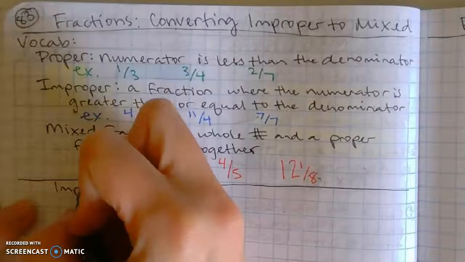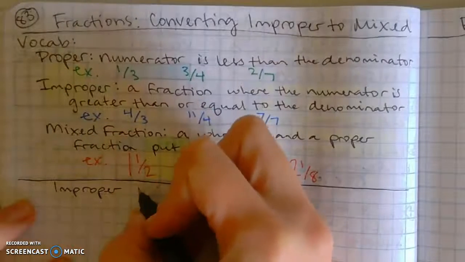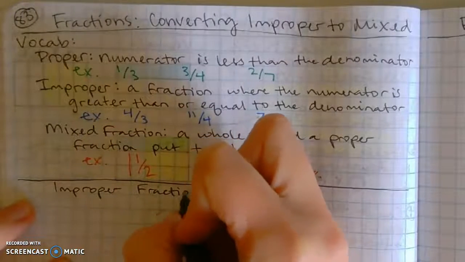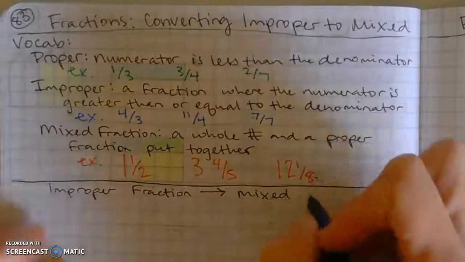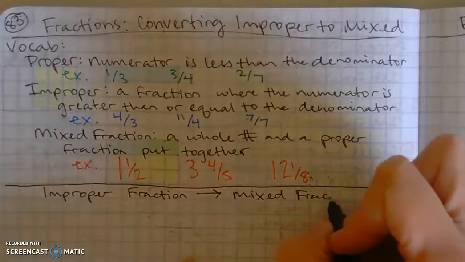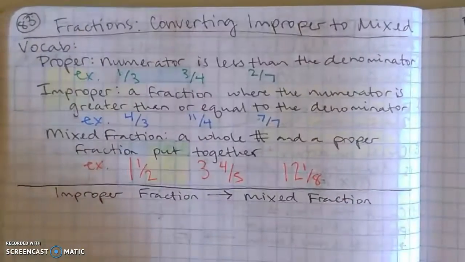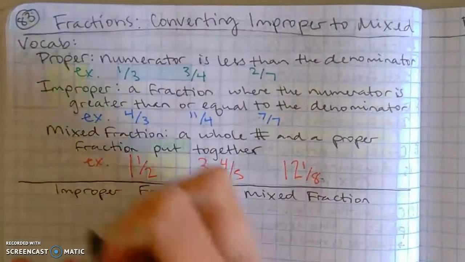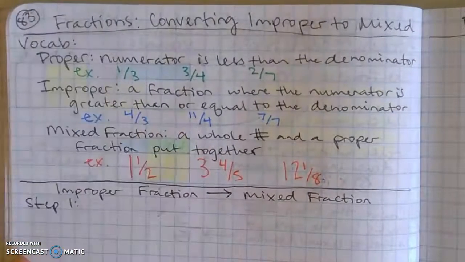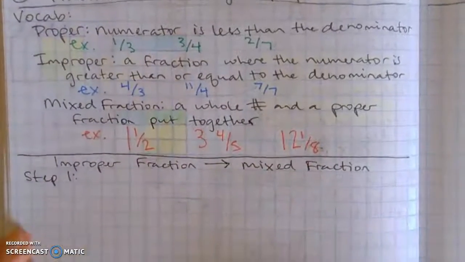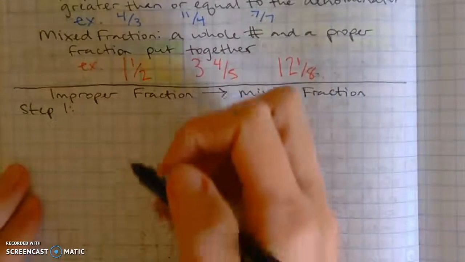So improper fraction to mixed fraction. All right, so step one. I'm going to try to do some examples on the side as we're going through this.